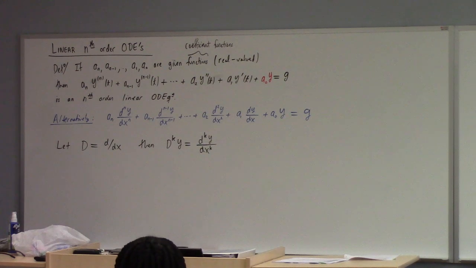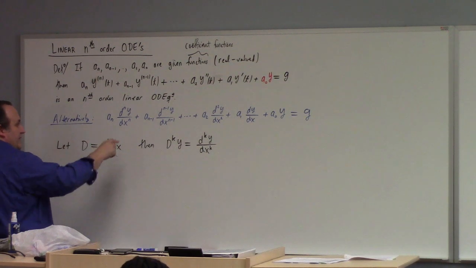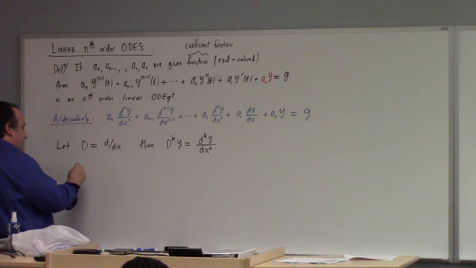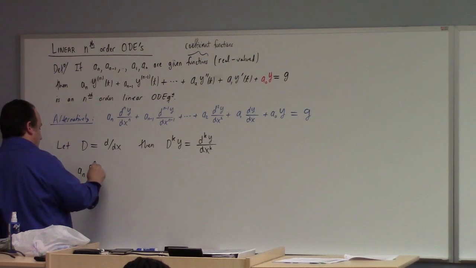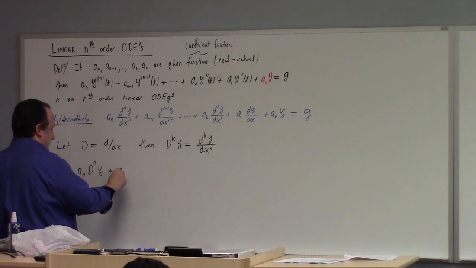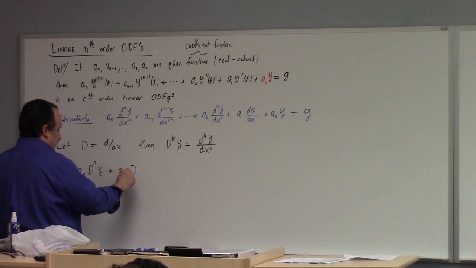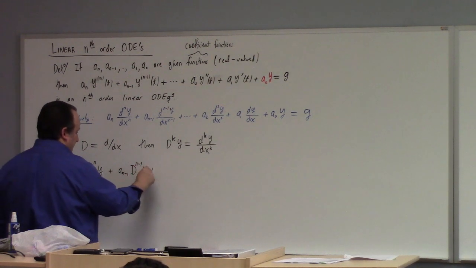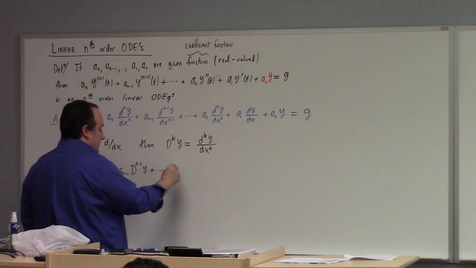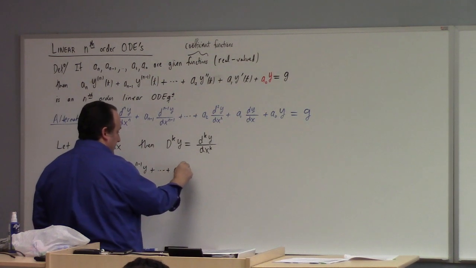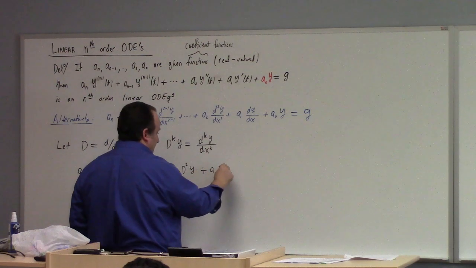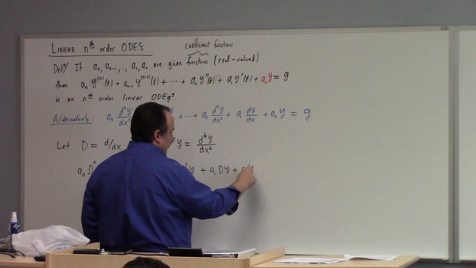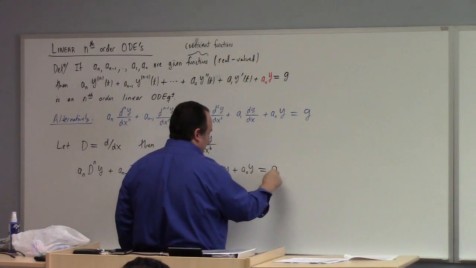And if we use that notation, then we can rewrite the differential equation as a_n D^n acting on y plus a_{n-1} D^{n-1} acting on y plus dot dot dot plus a_2 D^2 acting on y plus a_1 D acting on y plus a_0 times y equals g, right?